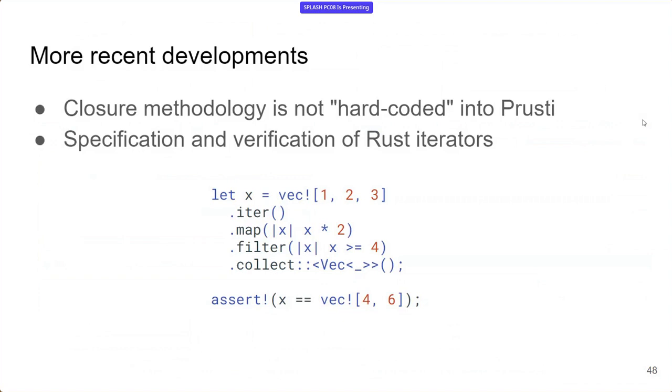And we further worked on iterators in Rust, which carry some very similar problems to this. In particular, things like map and filter here are functions which are somehow parameterized by a closure, and you need to describe in specifications how they actually interact, how the final collection will look like, and so on.